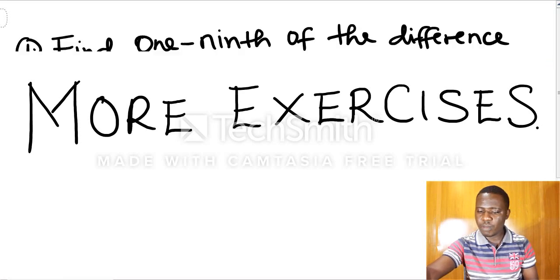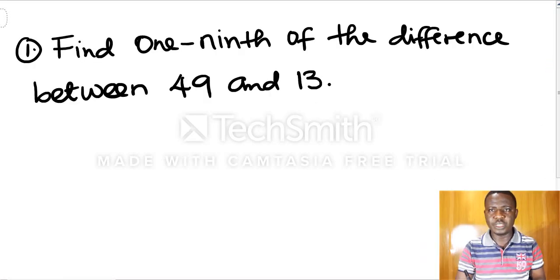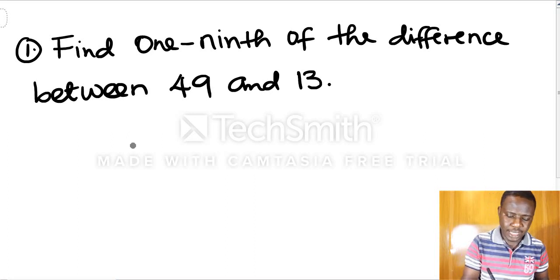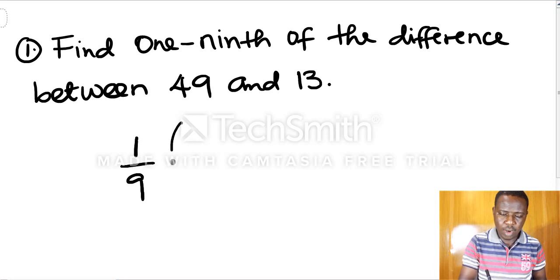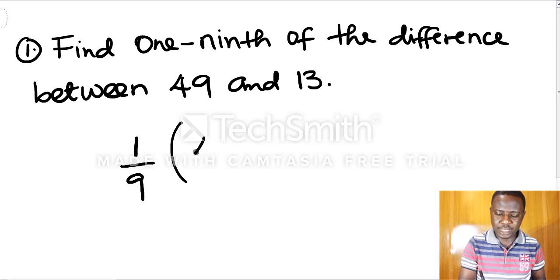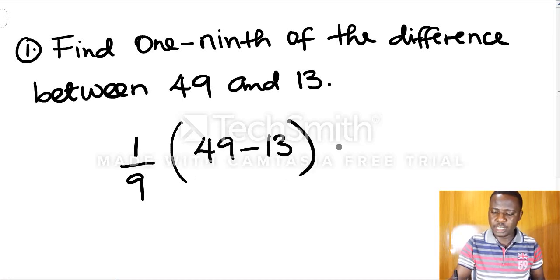So question number 1. Question 1 says we should find 1/9 of the difference between 49 and 13. That is 1/9 of the difference between 49 and 13, that is 49 minus 13. This is equal to 1/9 times 49 minus 13.